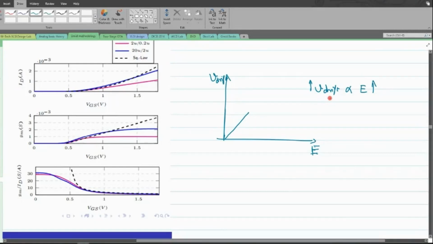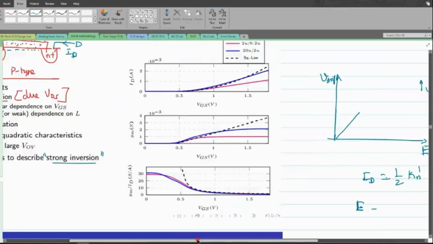Because of this relation, we have derived the current equation model, which is ID. This entire formulation is done based on the basic principle that the electric field and the velocity of the carriers move in the same direction. The electric field is a field that exists between the source and the drain.